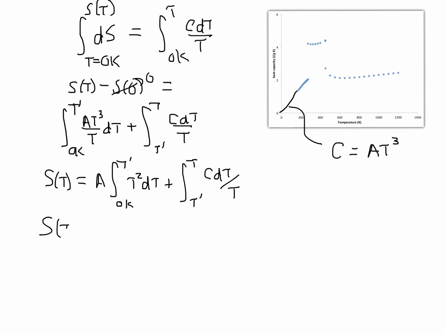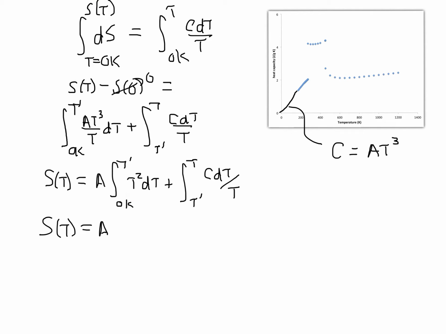Thus, the entropy at the temperature of interest is equal to A, which is this proportionality constant for this extrapolation and depends on the substance that I am looking at. The integral of T squared dT is 1/3 T cubed.